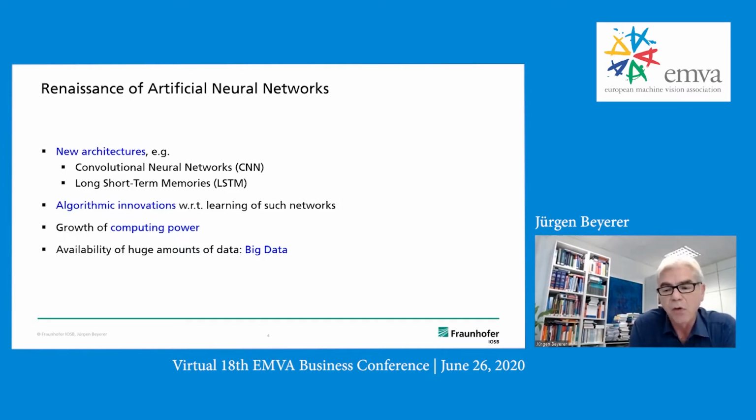You know all the many tricks you use to avoid overfitting if you learn a big, deep neural network with less examples than you have parameters in your network. The growth of computation power, especially with respect to GPUs, and the availability of huge amounts of data.